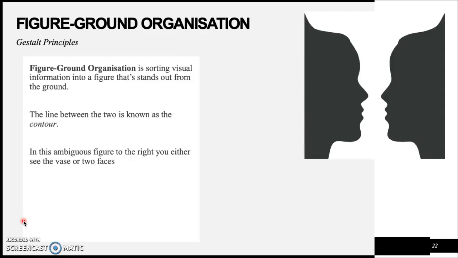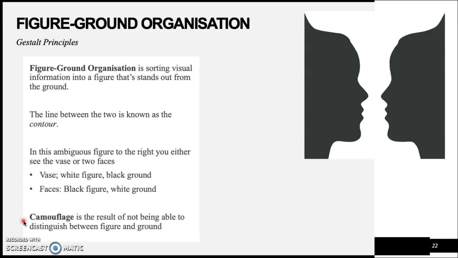Alright, so here in this image you can see one of two things again. You can either see a vase in which the figure is white and the ground is black, or you may see two faces where the figure is black and the white is the background. Now, camouflage is when we are not able to distinguish between figure and ground.